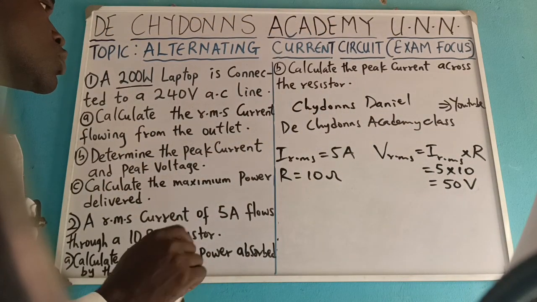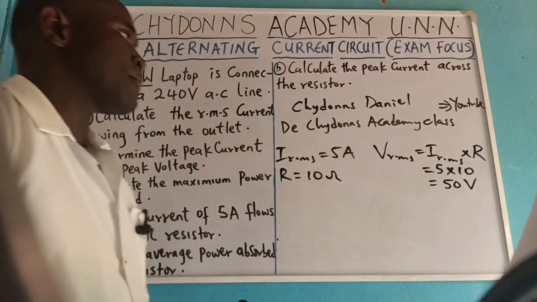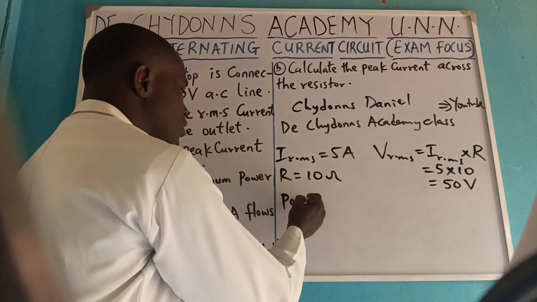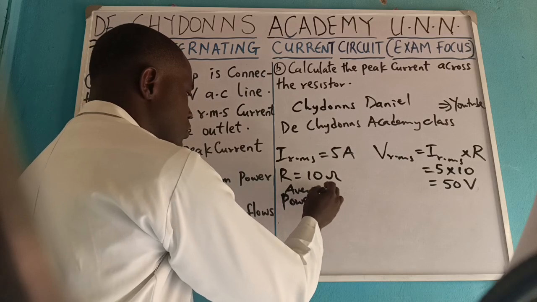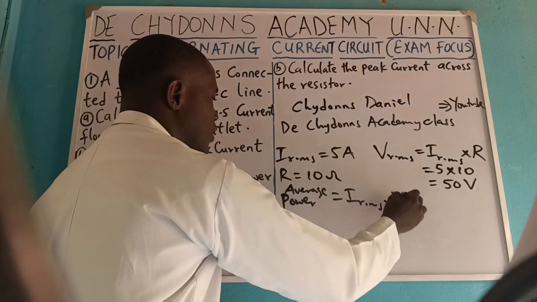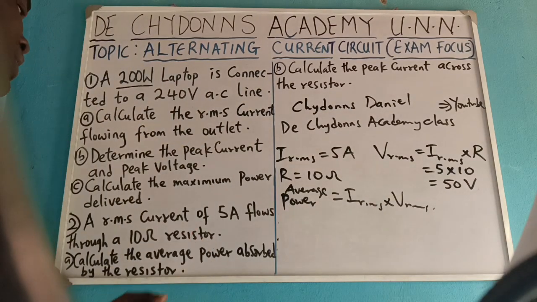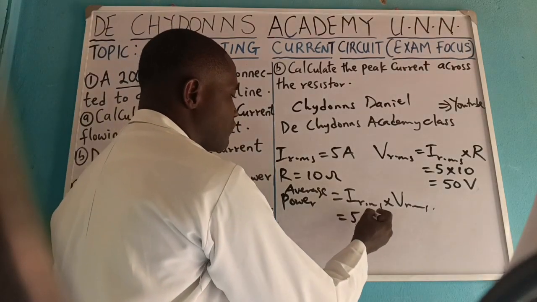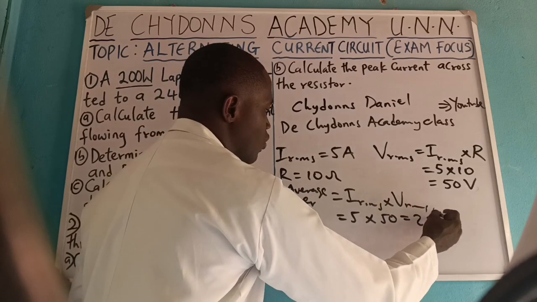That is the root mean square voltage. Why are we getting our V root mean square? We are getting it because average power is equal to I root mean square times V root mean square. So that is why we are getting it. Our I root mean square is 5, times V root mean square 50, equals 250 watts.